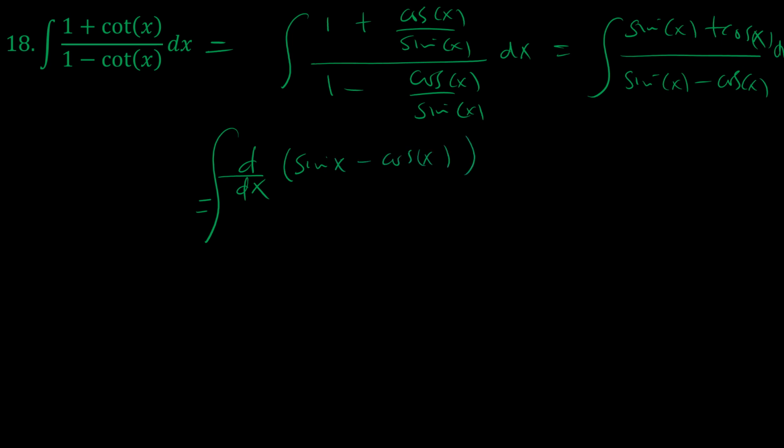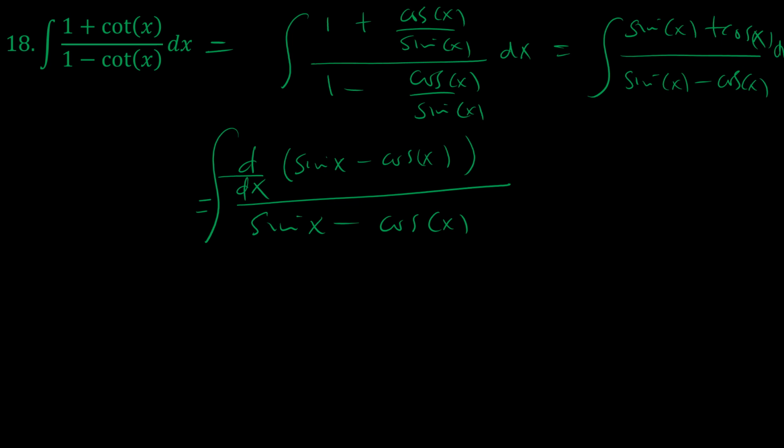Since when you differentiate sine x minus cosine x, we have cosine x minus minus sine x, which is cosine x plus sine x, which is what we have in the numerator there, over sine x minus cosine x.